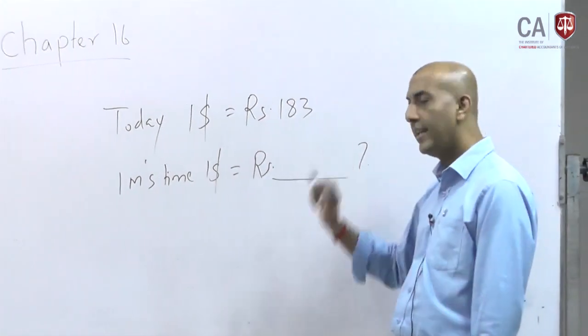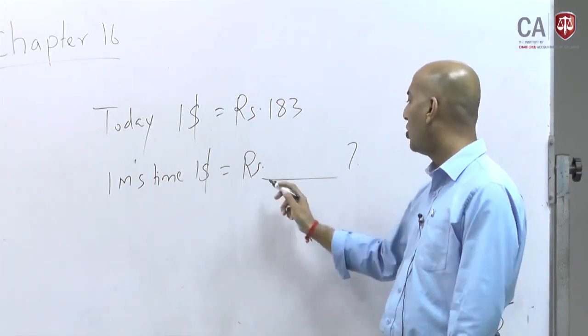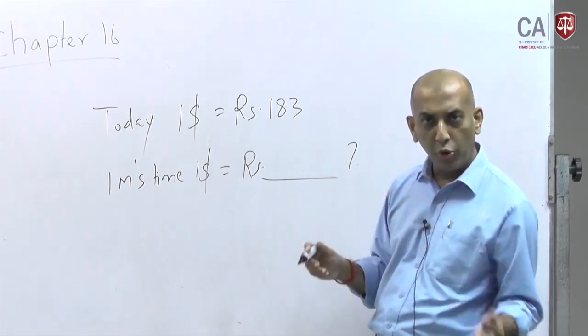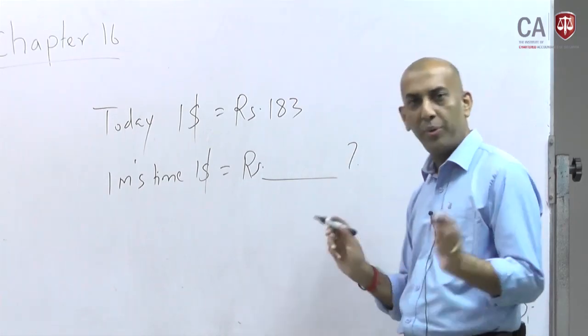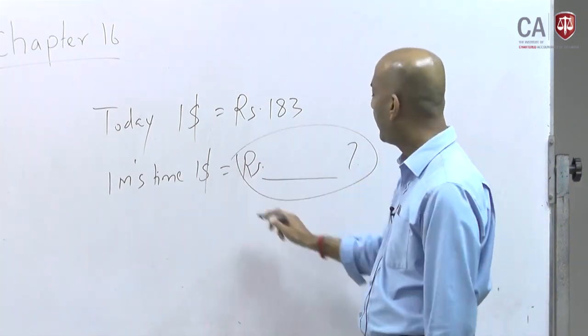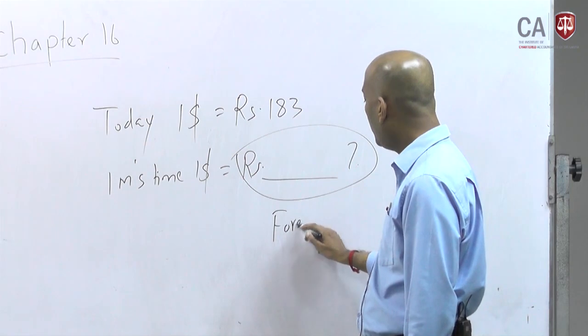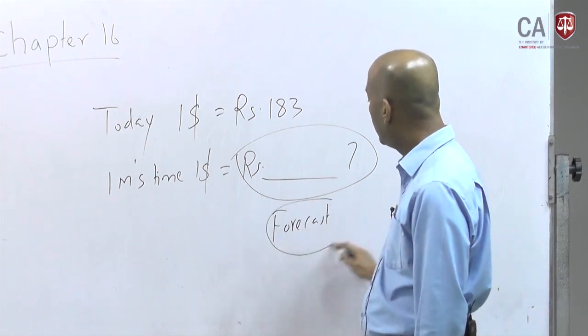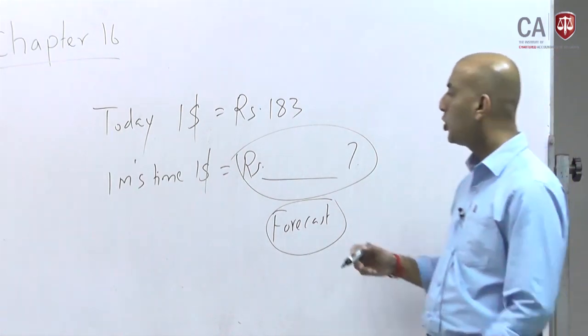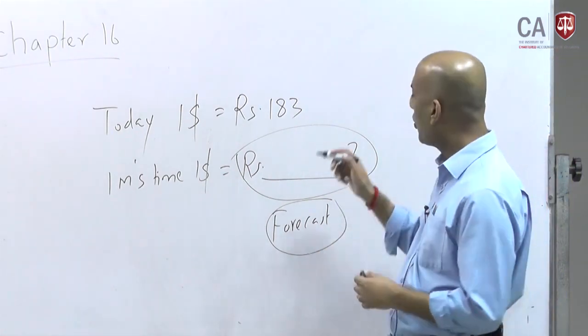Today $1 183, 1 month's time $1 can be any amount. It can be 184 or 182 or 175, we don't know. So we need to know how to forecast this rate. How do we do that? So there needs to be a way to forecast the future rate.